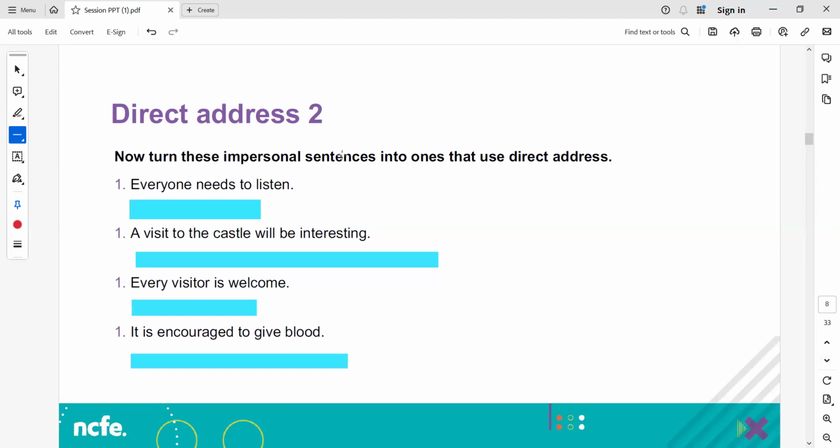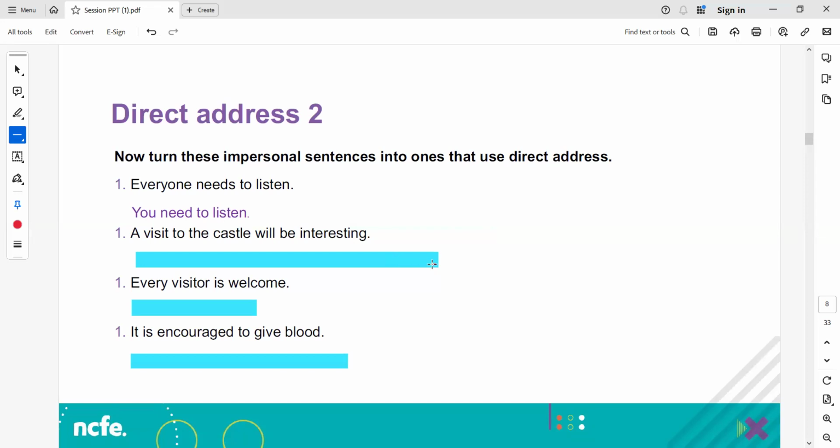You need to listen. Good. Second one, a visit to the castle will be interesting. You will find a visit to the castle interesting. Good.